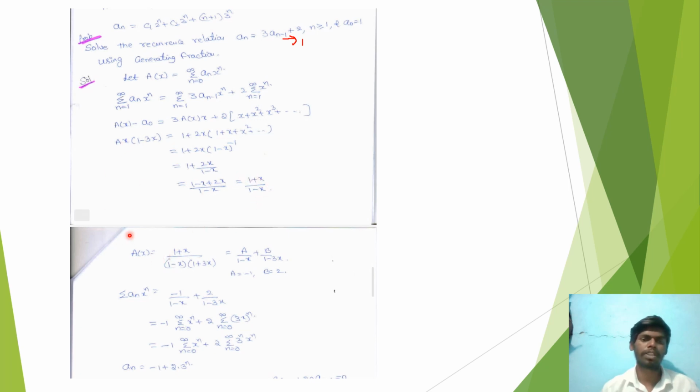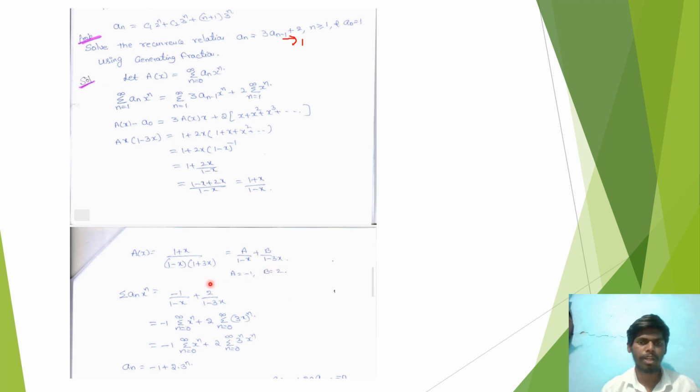By sending 1 minus 3x to the right-hand side, we'll get 1 plus x by (1 minus x) into (1 minus 3x). Here again we'll get partial fractions, so that a by 1 minus x plus b by 1 minus 3x.